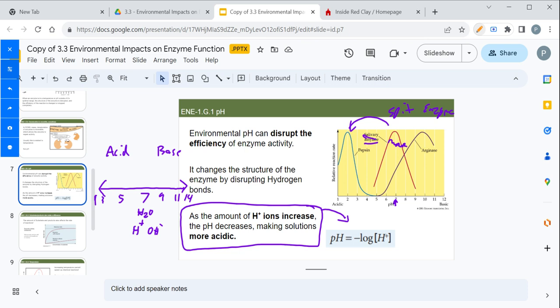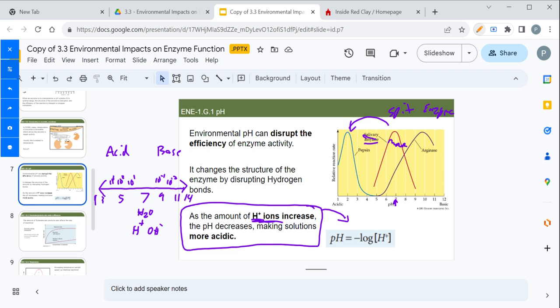And basically it works in powers of 10. So this is 10 to the 1, 10 to the 2, 10 to the 3, and it's always talking about the hydrogen ion concentration. This is where it gets really weird, because it's 10 to the minus 1 here, 10 to the minus 2, and I don't particularly like that, but it makes sense if you wrap your head around it.